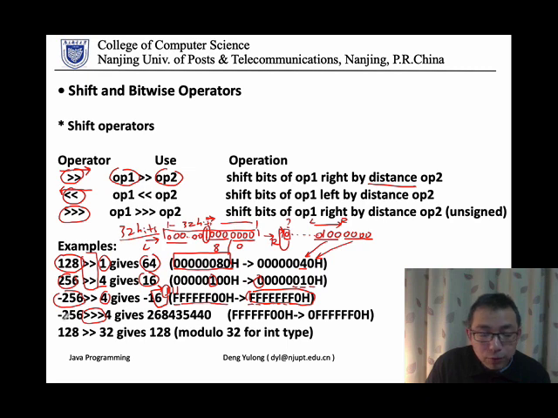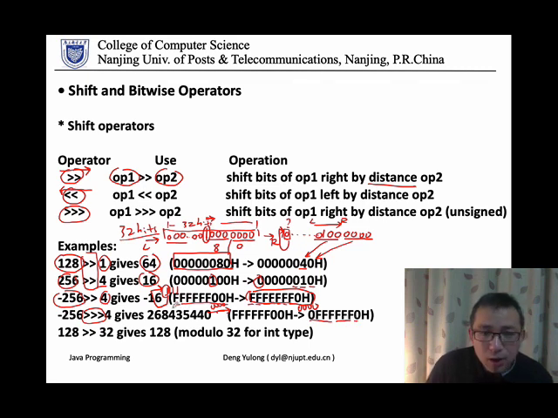So if we do the same operation to minus 256, but this time we do logical shifting, then as we know, 0 comes to the very beginning of the byte. So four 0s come into the beginning, and then we get this result in binary code, and in hexadecimal it is 0F F F F F F 0.